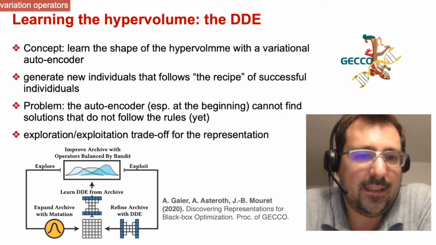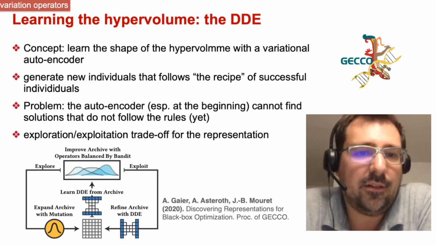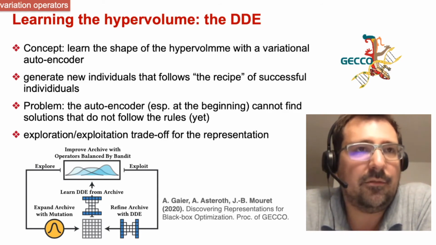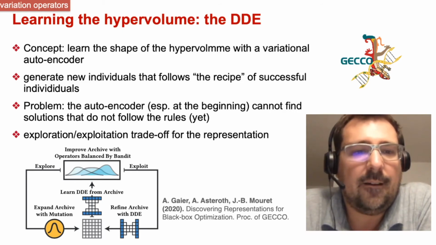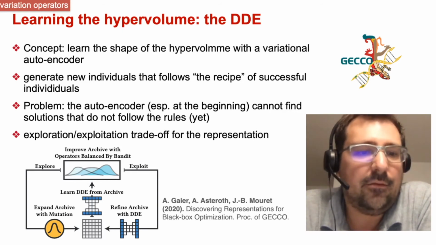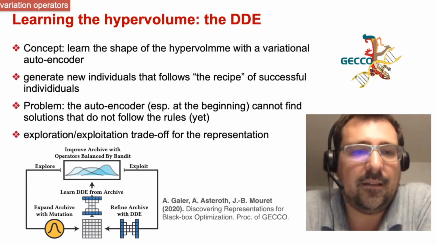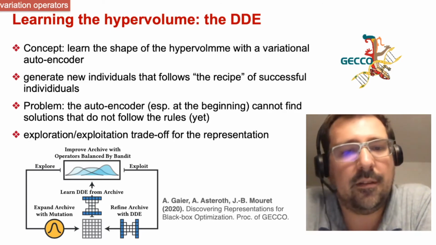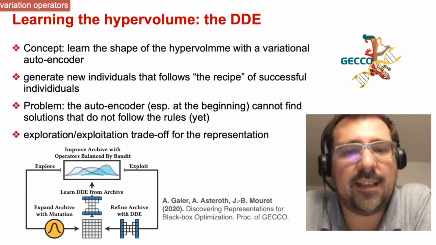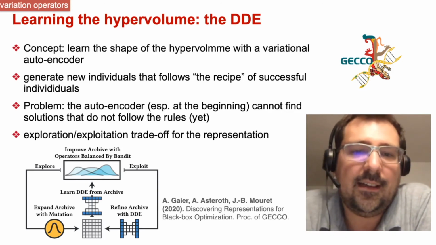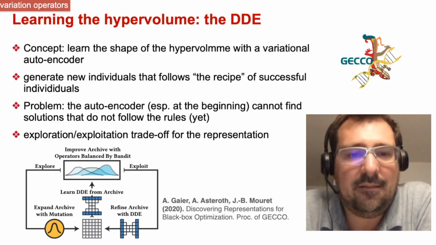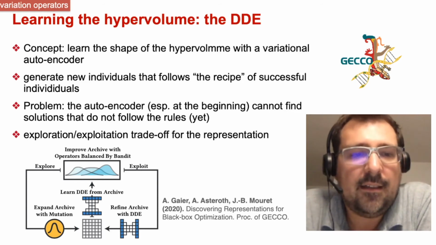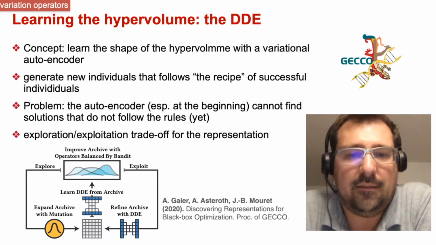The main problem is that it's not that easy, because the autoencoder, especially at the beginning, when you don't really have the hypervolume, will just generate things that look like what you already have found, but it will not help you to find new things that are out of the distribution. But because you haven't found the elite hypervolume distribution yet, the autoencoder can help, but it's not enough. So there is an exploration-exploitation trade-off for the representation.